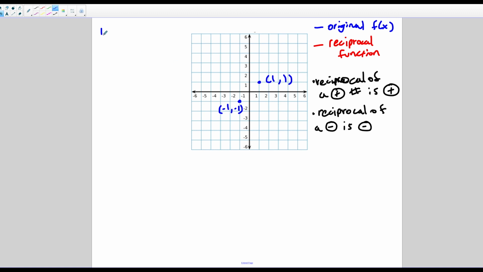So, like I said, the reciprocal of 1 is still 1 because it's just 1 over 1. The reciprocal of -1, we can think of that as 1 over -1, or -1 over 1. So essentially, the reciprocal of 1 and -1 remain unchanged.